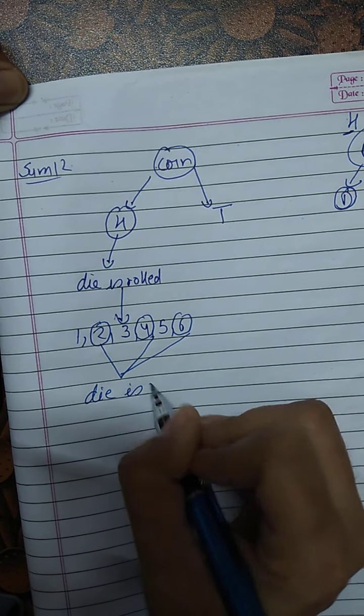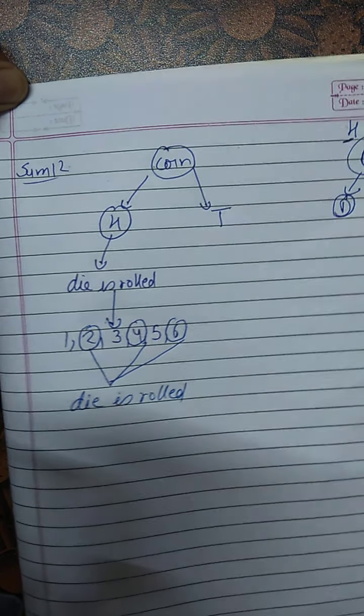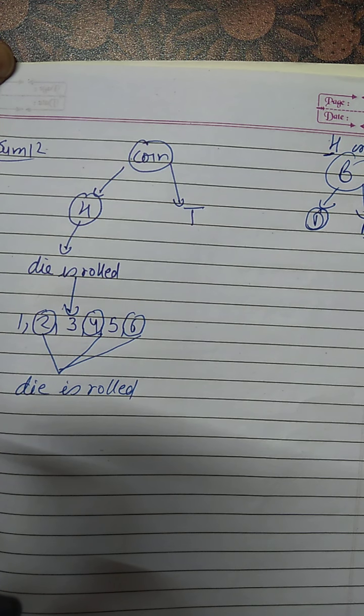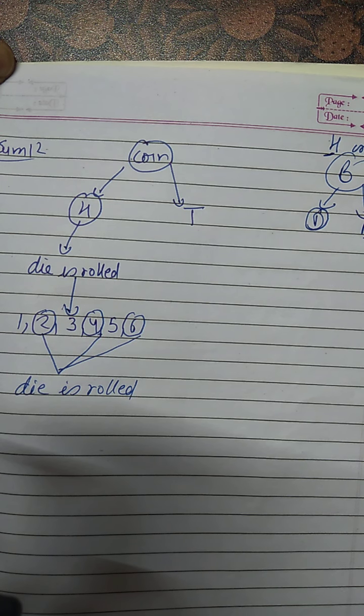But if tail is coming, we are not doing anything. So if head comes, a die is thrown. If the die shows an even number, the die is thrown again. And what is the sample space for the experiment?